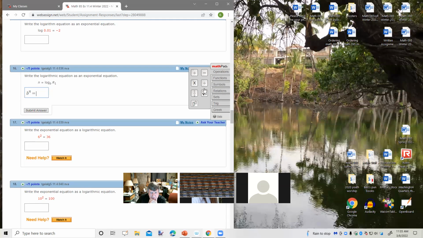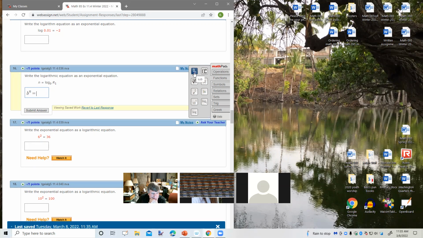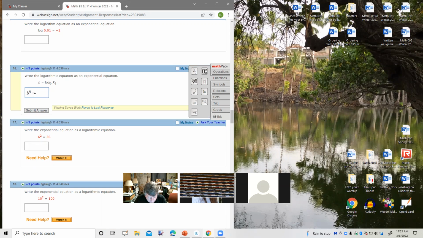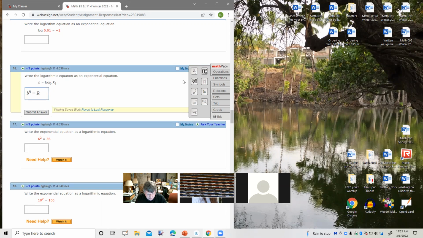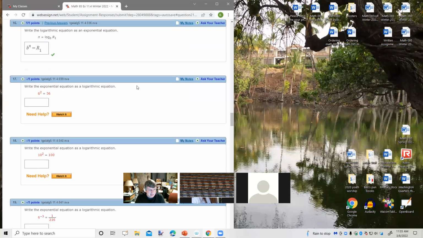This isn't going to do it, so I got to look here. Let's see, functions. Here we go. That's what I need right there. See how it says sub? So I'm going to put in a capital R and then hit that and put in the 1. All righty. I went through all those functions and I could not figure it out, but yeah, there it is. Okay, thank you. Good? We good? Yes. Okay.